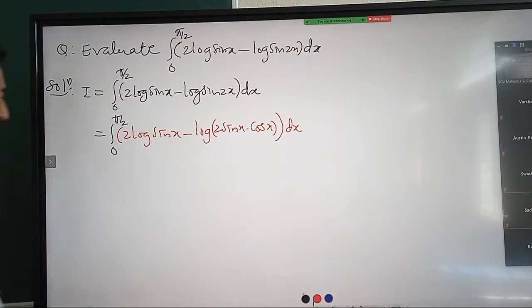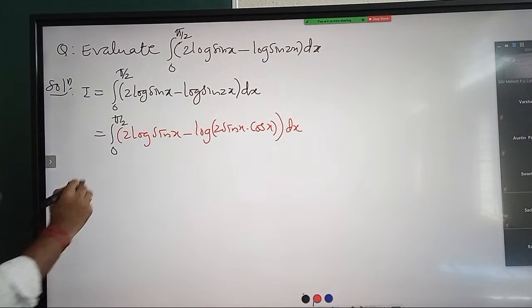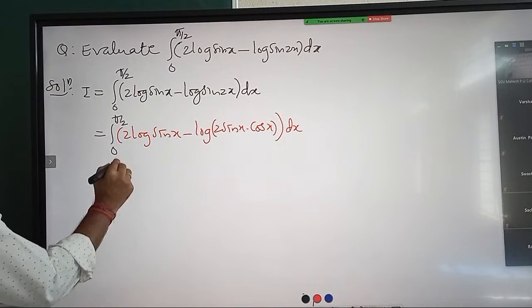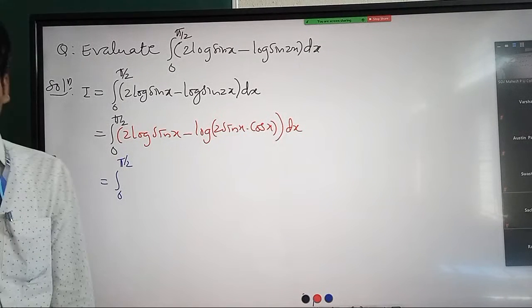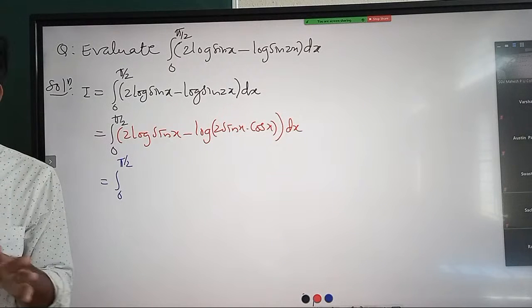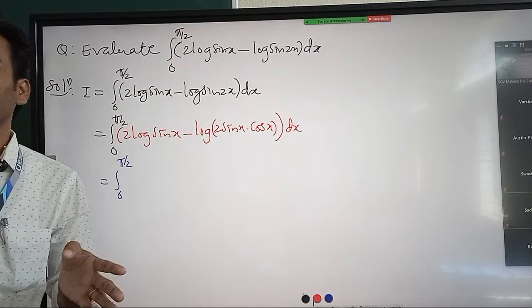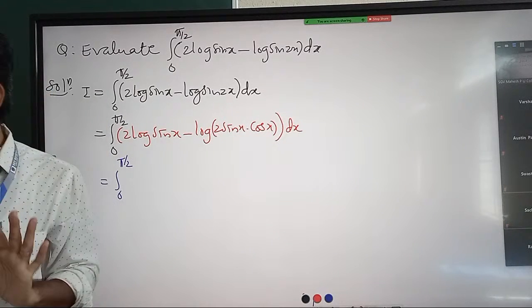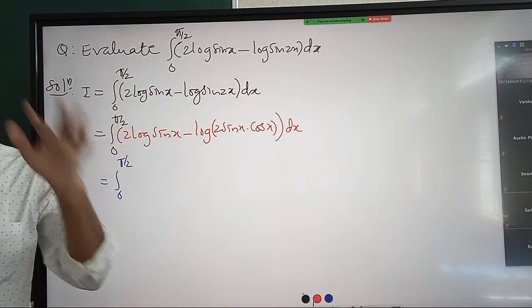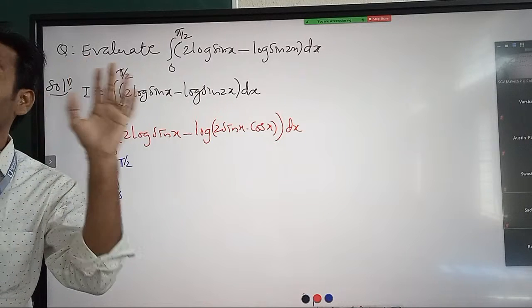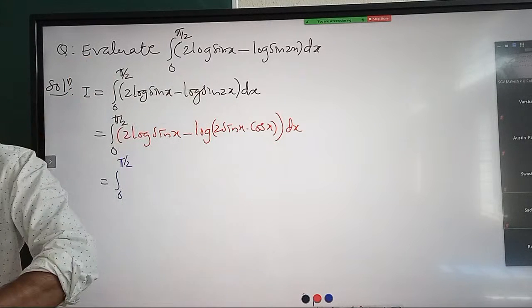Correct? Yeah. Now look at this. This is 0 to pi by 2. Understand first, step by step, what I am doing. Generally, whenever a problem is given in definite form, we try to think about the properties. But here I am not talking about the property because of the different angles. First, my intention is to make the angles same. Then I go for the properties. Okay?